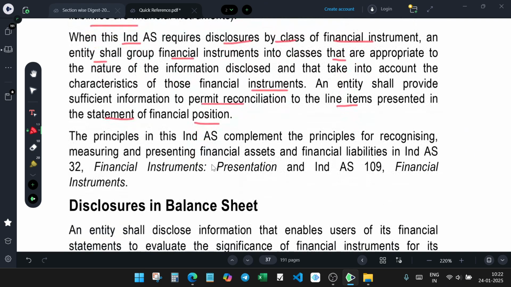The principles of NDA are compliant with the principles of recognizing, measuring and presenting financial assets and financial liabilities in NDA 32. Financial liability and equity relate to presentation, and NDA 9 covers financial instruments.